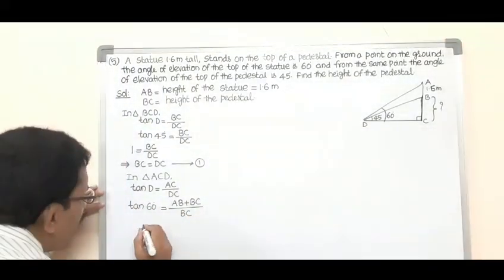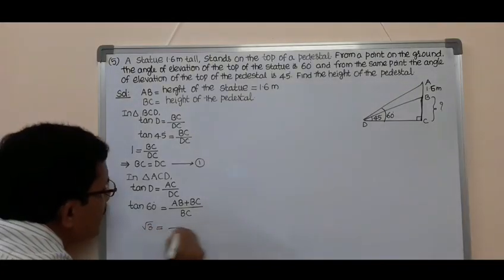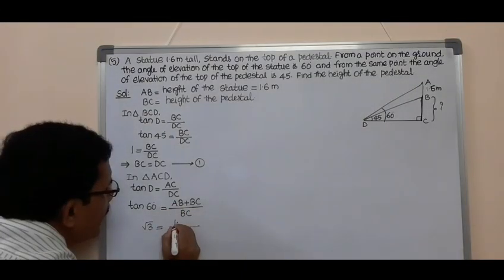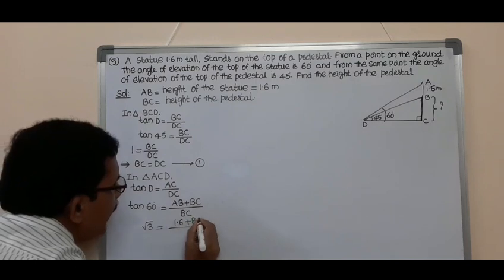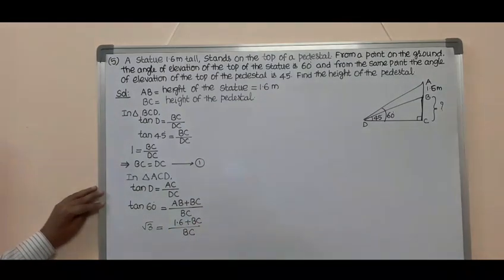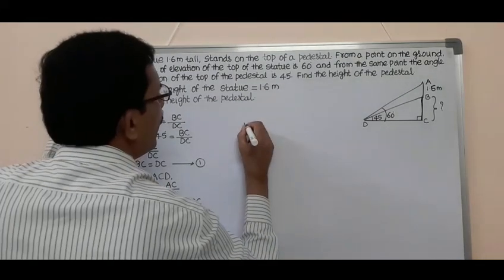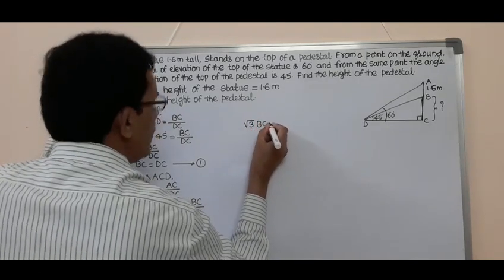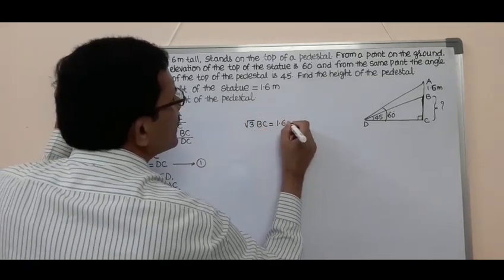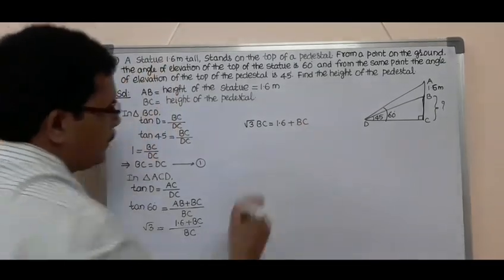From 1, tan 60 value root 3 is equal to AB, which is 1.6, plus BC, by BC. By cross multiplication, root 3 BC is equal to 1.6 plus BC.